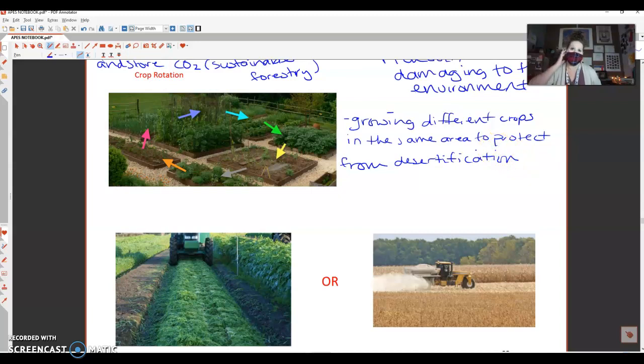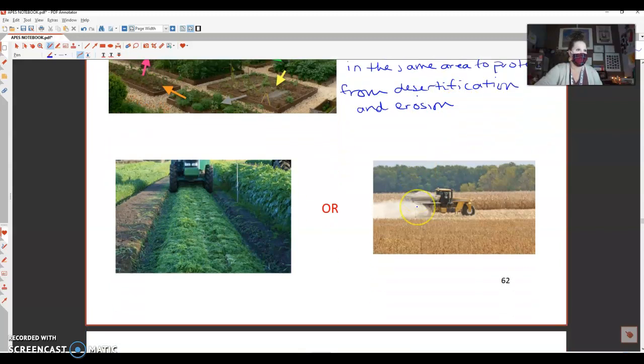Y'all haven't realized that's like the key word for this part of the unit. To protect from desertification and erosion.